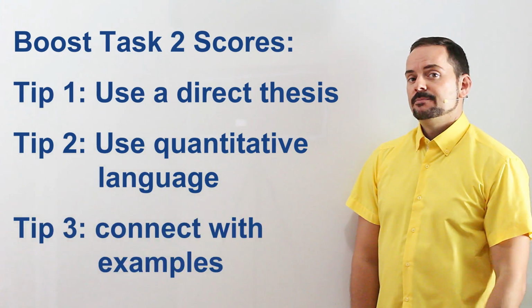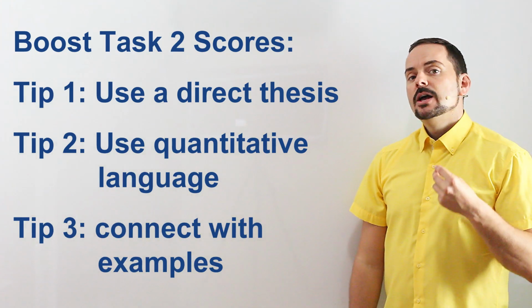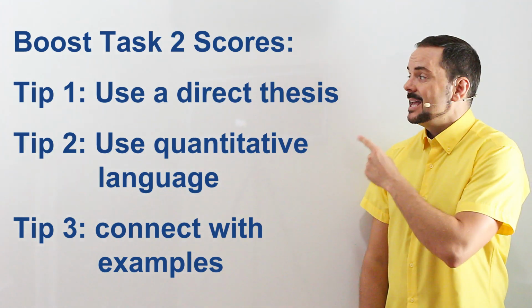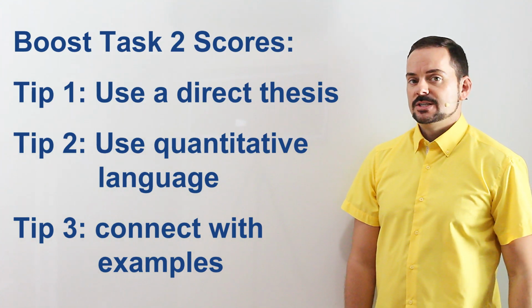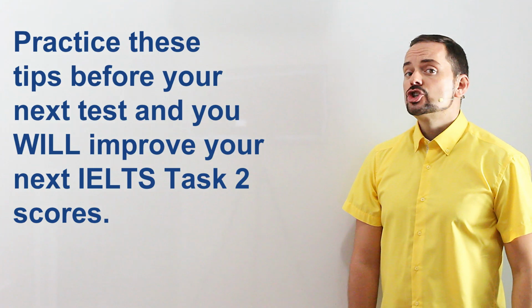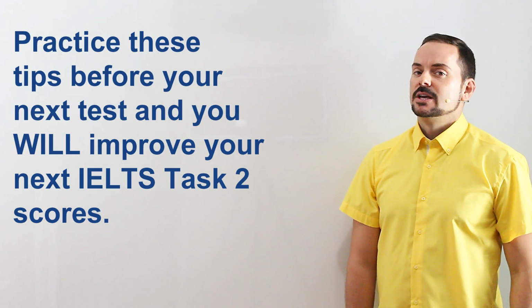Number 3, create strong cohesion among and between your body paragraphs, using the same example to strengthen different points of your thesis. Practice these skills at home, and surely you will see improvement the next time you sit for your IELTS exam.